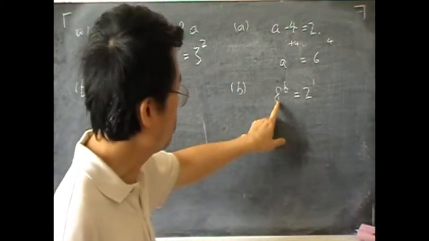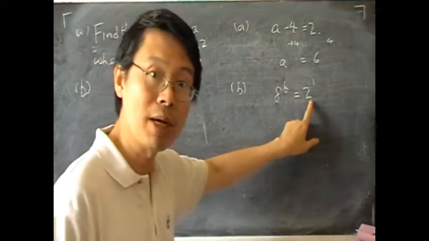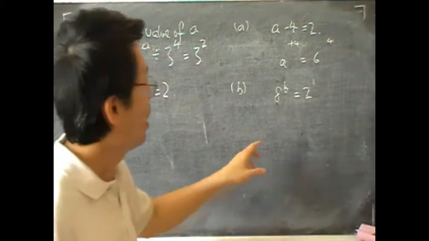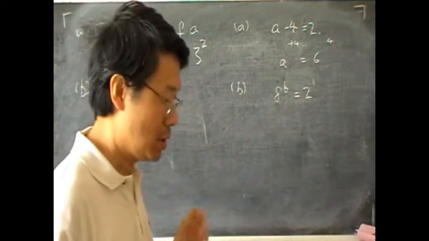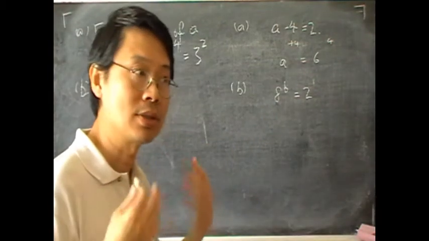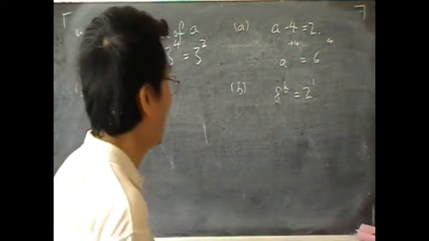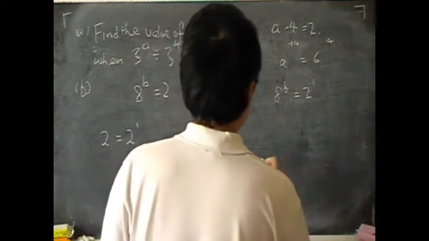So I must have 2 to the power of a power before I can compare it with the right side. So in the next step, I must write 8 as 2 to the power of some number. And we know what that is.